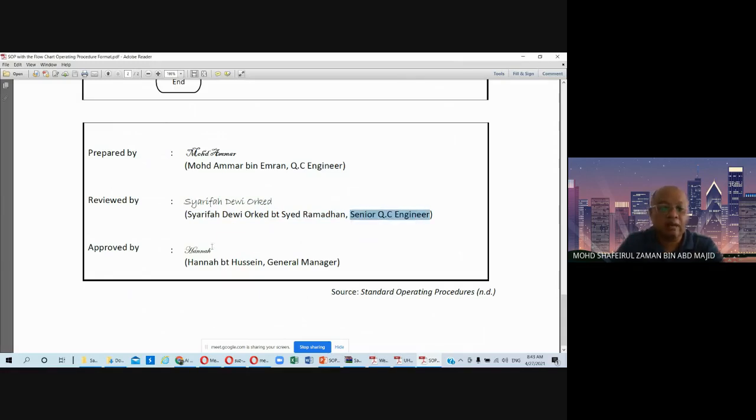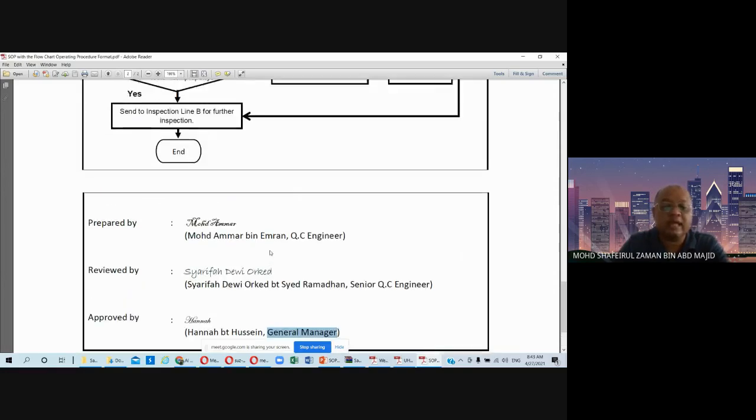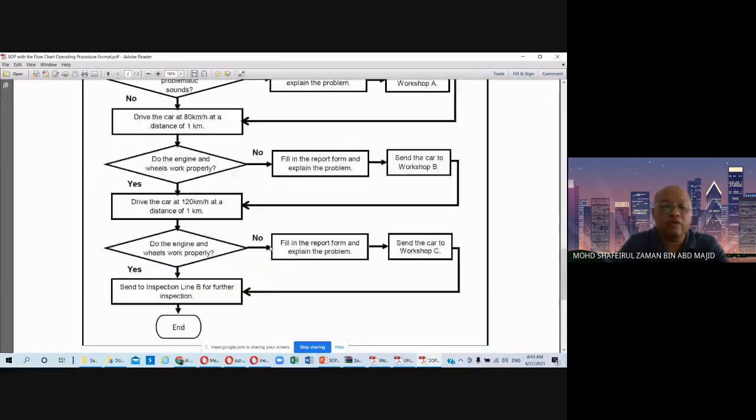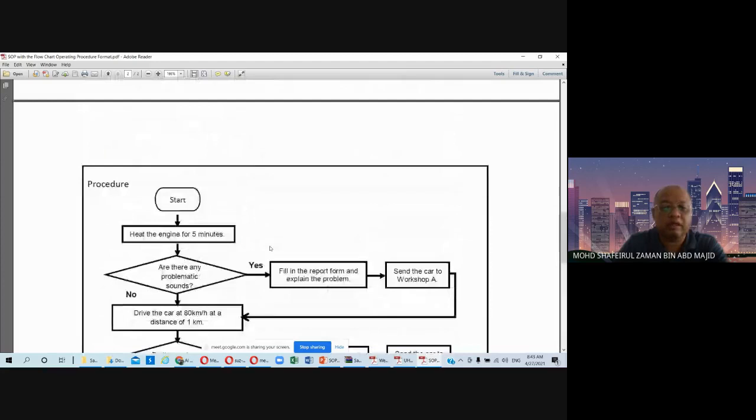And lastly, approved by, normally among the administrative staff. So over here, we have the general manager position. You need to have all of these elements in the SOP, and this is for the flowchart SOP or flowchart operating procedure.